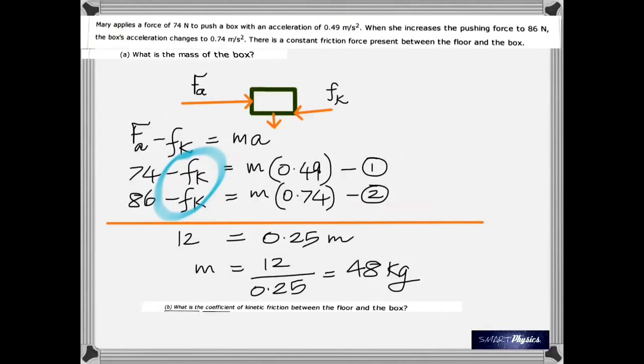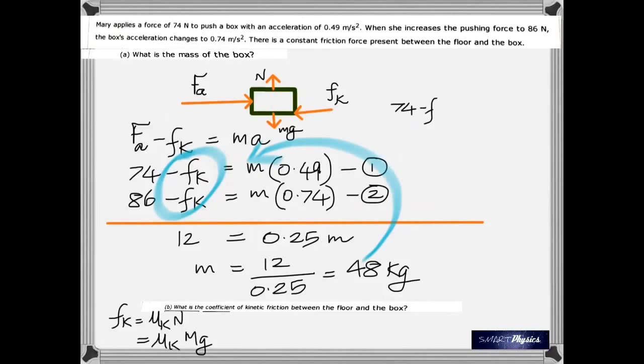In the second part of the question, you're asked to find the coefficient of kinetic friction between the floor and the box. We know that friction depends on the normal reaction. I've shown the weight acting vertically down here, and the normal reaction is in. Friction is mu k times N, which in this case is mu k mg.